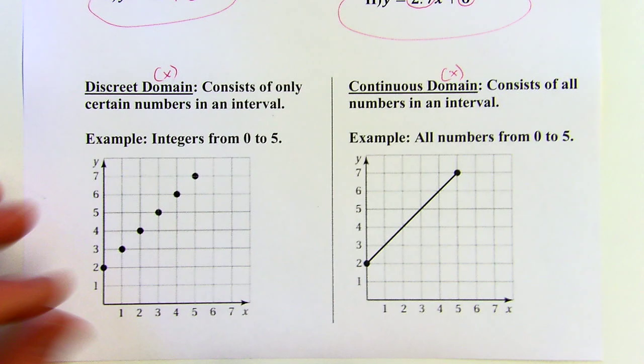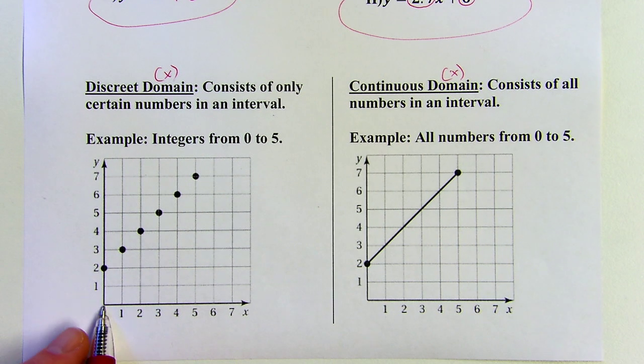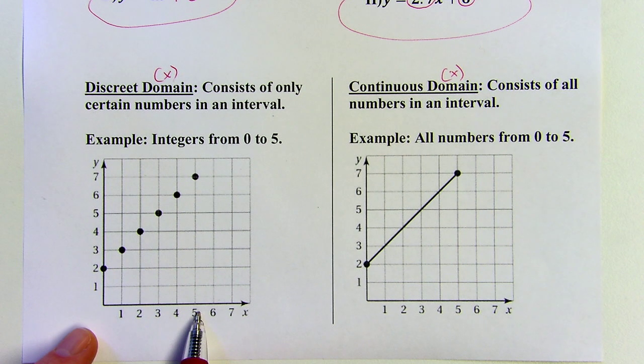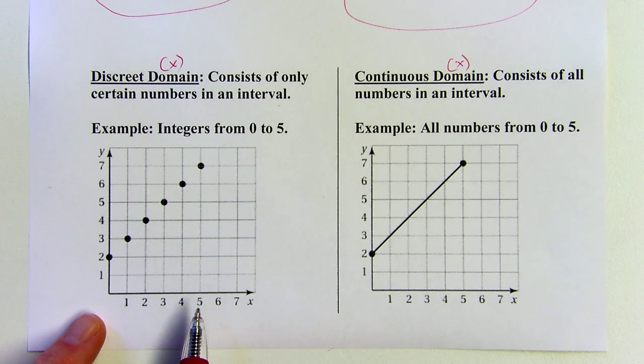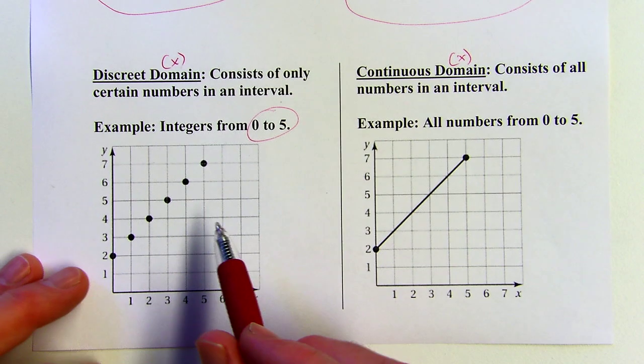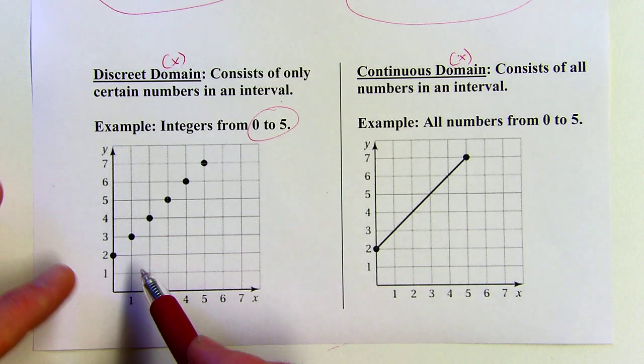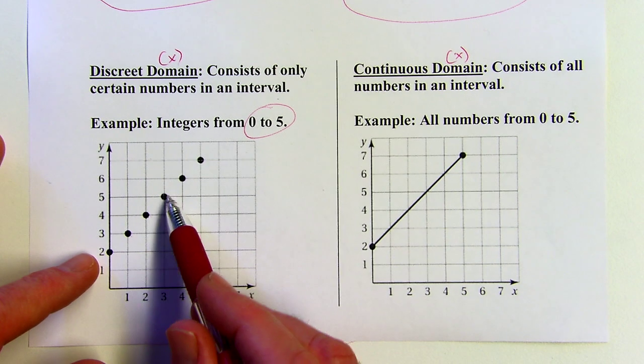Range would be the y's. But when I'm looking at my x values, they would be 0, 1, 2, 3, 4, 5, 0 through 5, right? So it's integers from 0 to 5, but it's not everything from 0 to 5. 1.3 or 2.8 isn't in there. It's just 0, 1, 2, 3, 4, and 5.